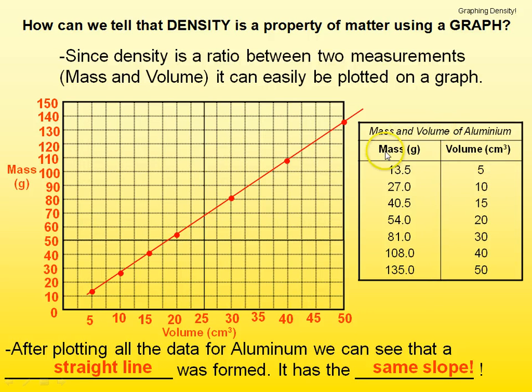Okay? So in other words, I could have a piece of aluminum that is 300 grams, and it is going to fall somewhere on a line way, way out there, but it's going to fall on this same line, and it's going to have a corresponding volume that's going to make it have the same density or same slope.